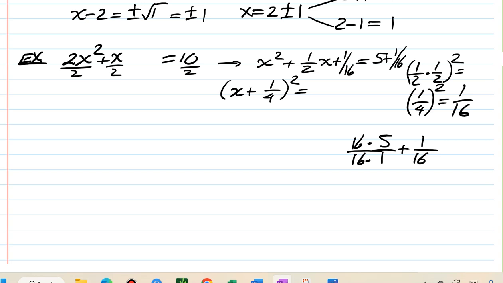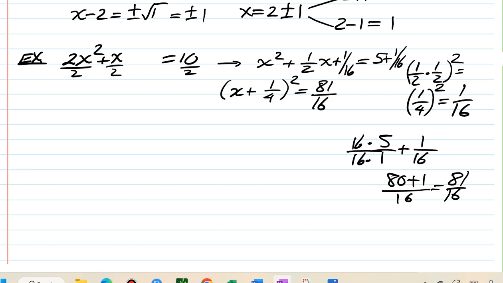Multiply top and bottom of 5 by 16. 5 times 16 is 80, plus 1 over 16, which is 81/16. So that's just going to be 81/16. That's just to get it in the form that's now ready for the square root property.